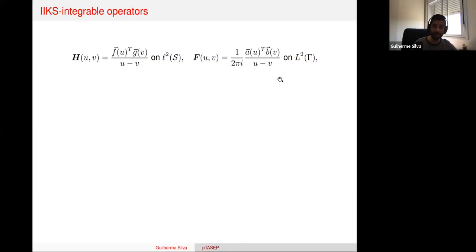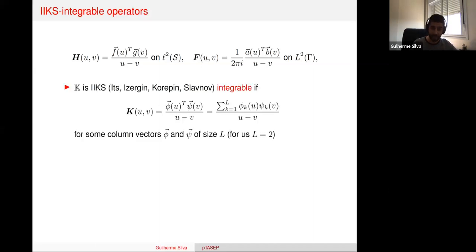Why do we care about that? Let's see. If you look at that carefully, what is the structure? The structure is, as I highlighted several times, that this kernel is just the inner product of two vector functions divided by u minus v, right? So you can think about that as a sort of finite sum, where phi k's and psi k's are just the entries.